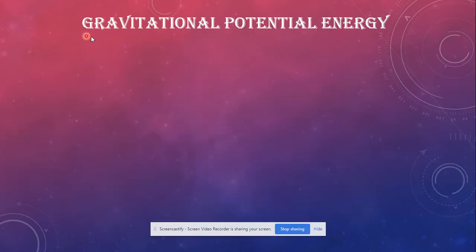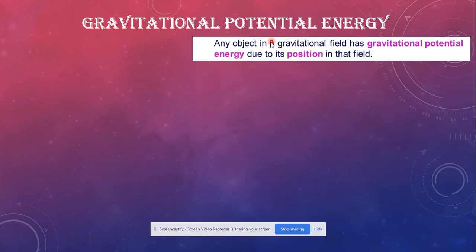Now, move on to the next subtopic, which is gravitational potential energy. Any object in a gravitational field has gravitational potential energy due to its position in that field. Previously in chapter 4, you learned the expression for potential energy, which is the product of mass, gravitational acceleration, and height.